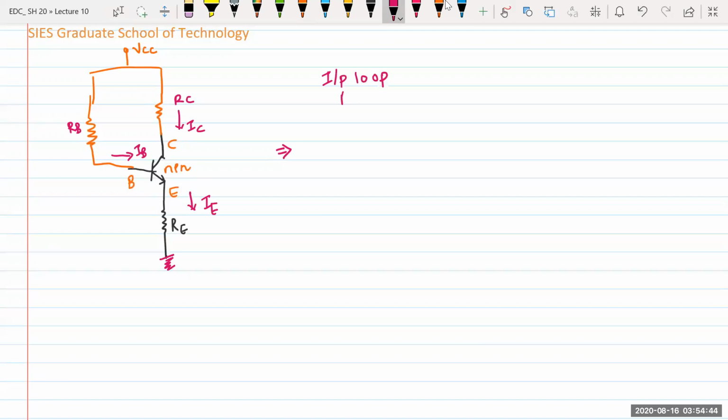Input loop I am going to apply between base and emitter terminal. So I'll draw only the base and emitter terminal part. Whatever is connected to the base and whatever is connected to the emitter should be included in this loop. So my emitter is connected to the resistor RE. Through this, my current is IE. My base terminal is connected to resistor RB, which is further connected to VCC.